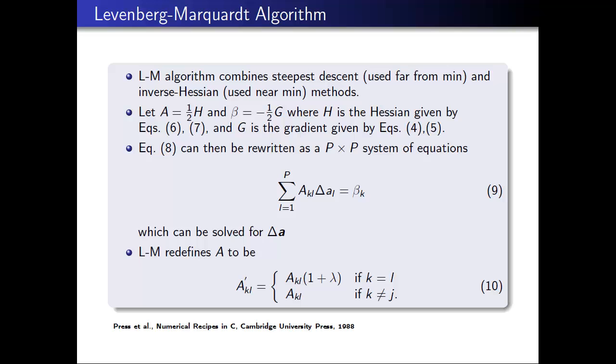So you have an Ax equal b here that you're solving for delta A. What Levenberg-Marquardt does is that on the diagonal of that matrix, it adds this 1 plus lambda, lambda being greater than 0.